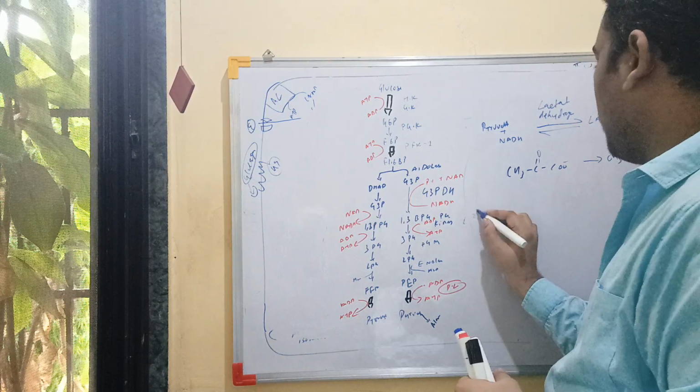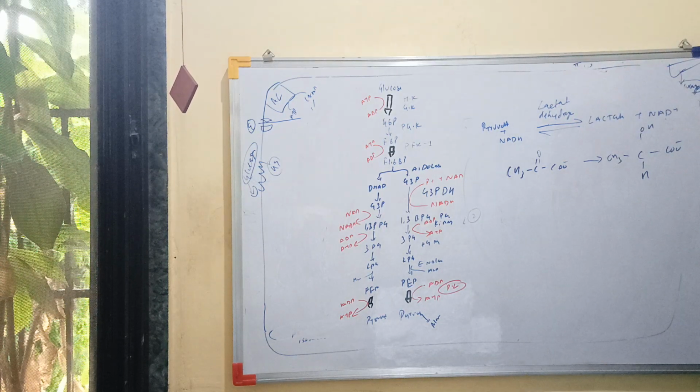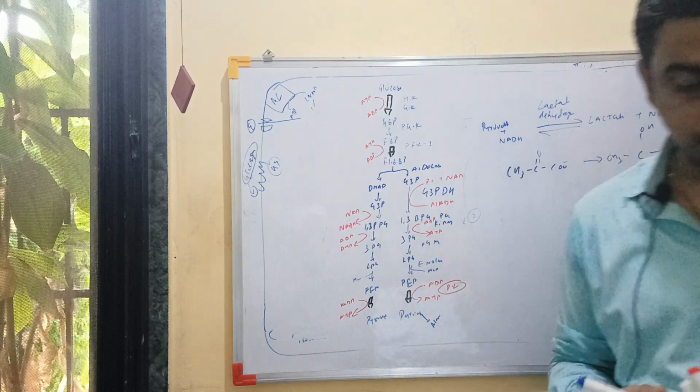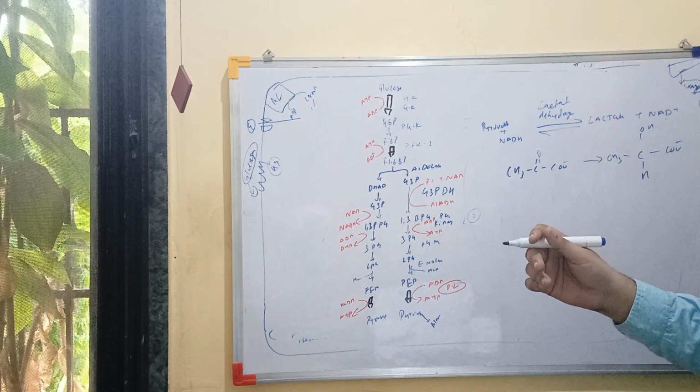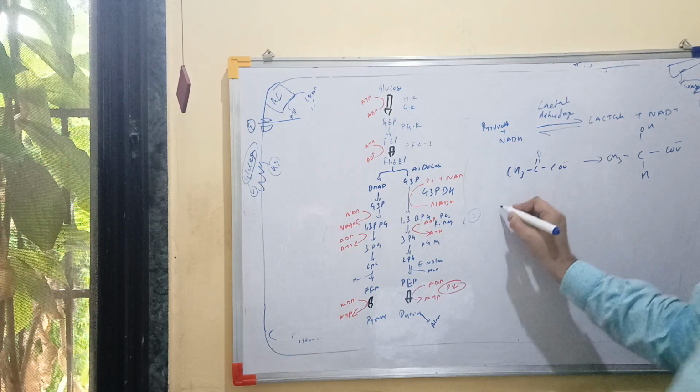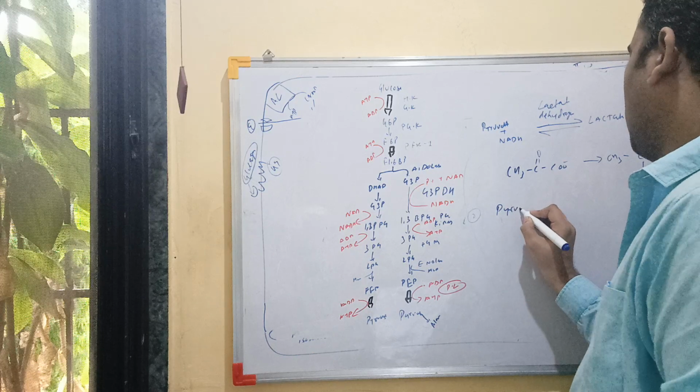And the second step we were talking about in anaerobic glycolysis was conversion of pyruvate into ethanol, which is alcoholic fermentation. So you have pyruvate. I will not give the structure, it's not important.